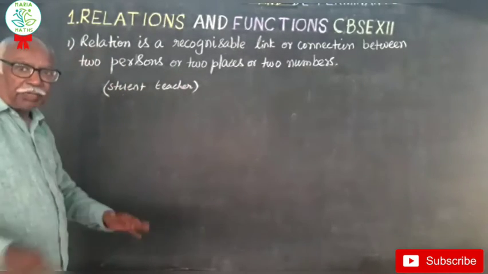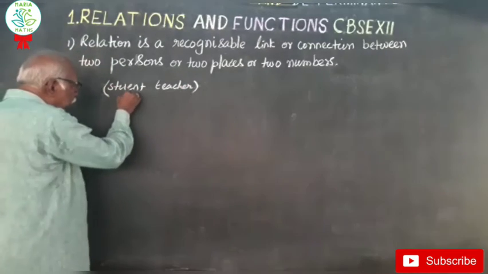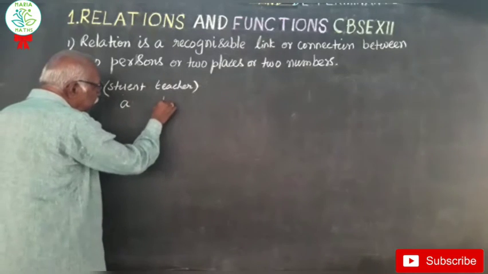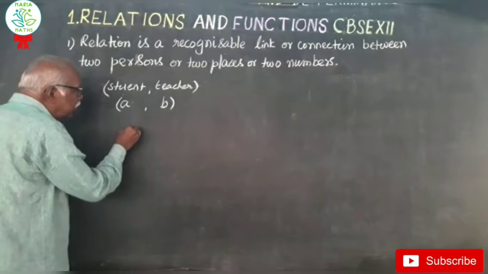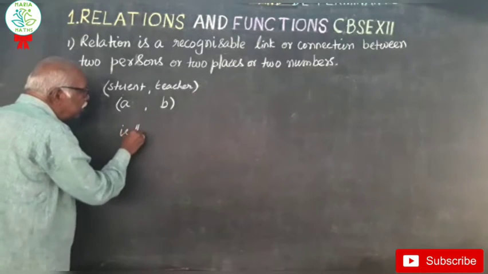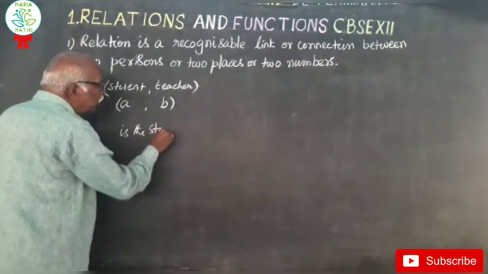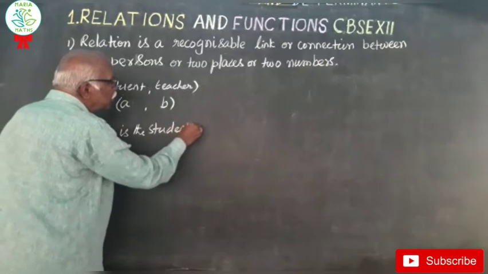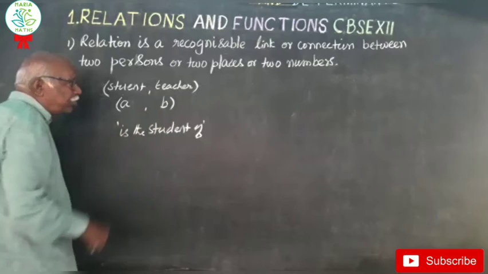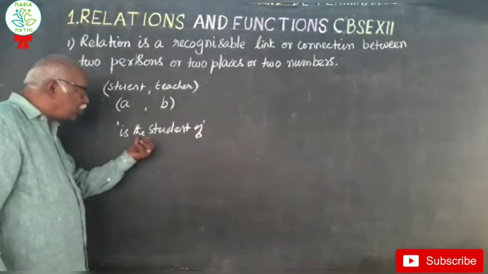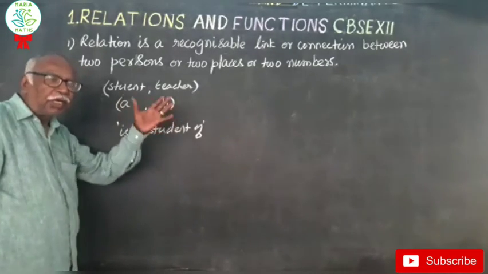Student and teacher can be related. If A is the student, B is the teacher, A and B are related. What is the relation? Is the student of. A is the student of B. That A is the student of B is the recognizable link.